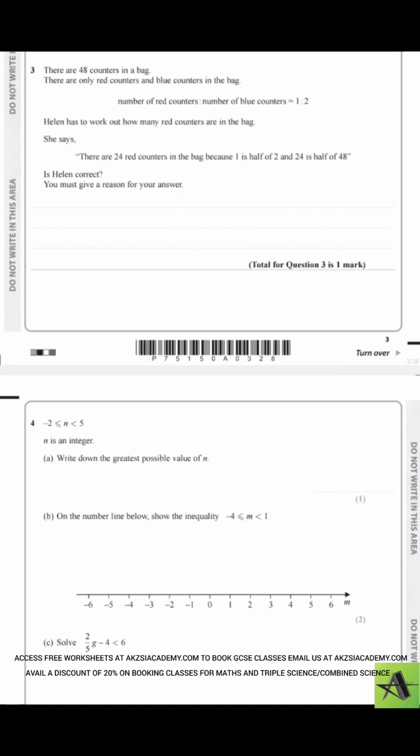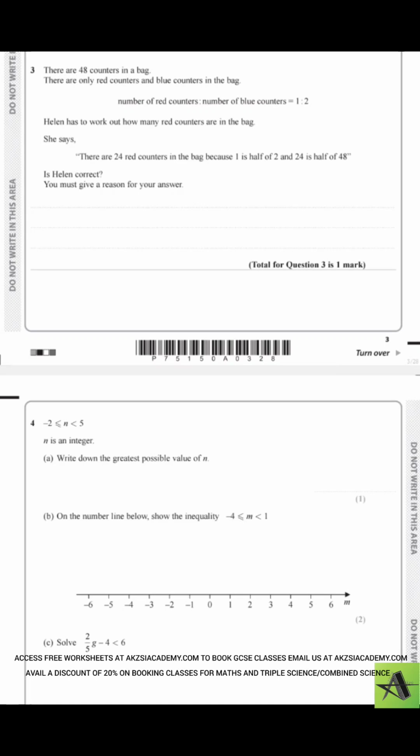So that's the ratio between them. Helen has to work out how many red counters there are in the bag. She says there are 24 red counters in the bag because 1 is half of 2 and 24 is half of 48. Is Helen correct? You must give a reason for your answer.